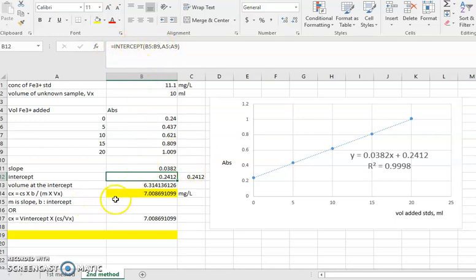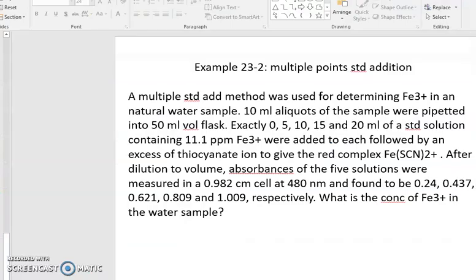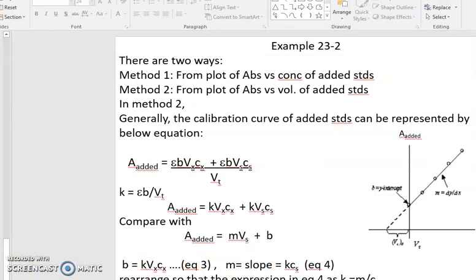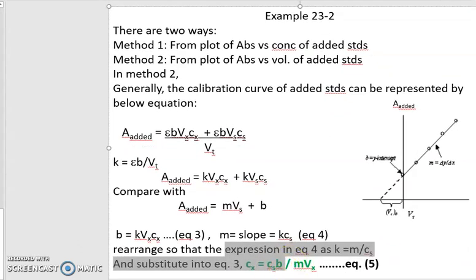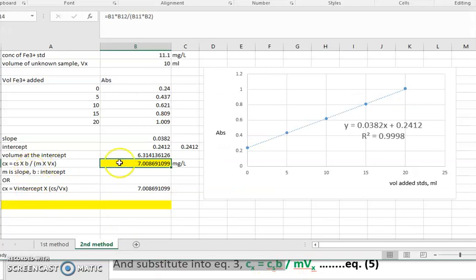Now, using equation 5 here, you calculate the concentration of the sample.